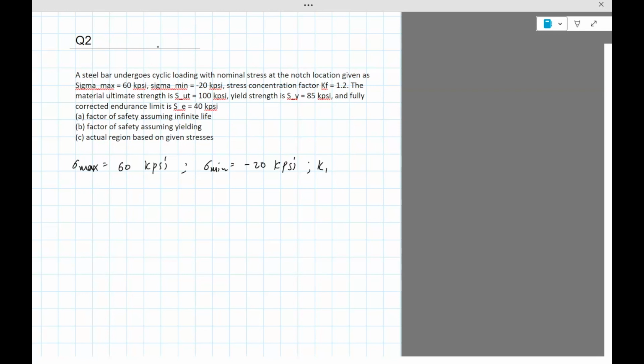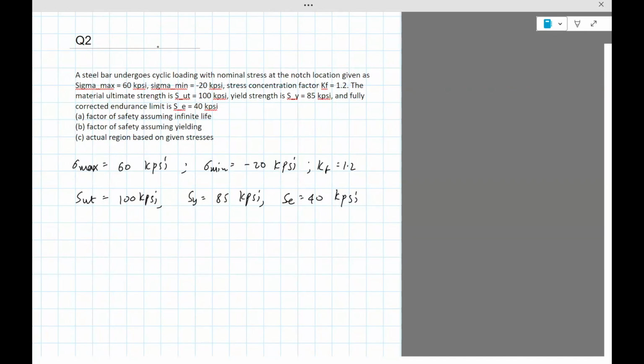Kf is still 1.2. I've given you the same values for the other things: Sut is 100 kpsi, Sy is 85 kpsi, and Se is 40. That's not changed. I've only changed the stresses.